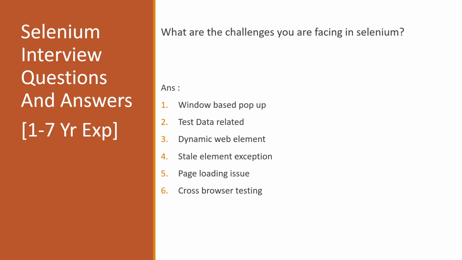So obviously performance is the main factor here. If it is loading slowly, obviously our automation test case will fail. So we have to clearly understand the performance part of our web application. That is also one of the challenges.